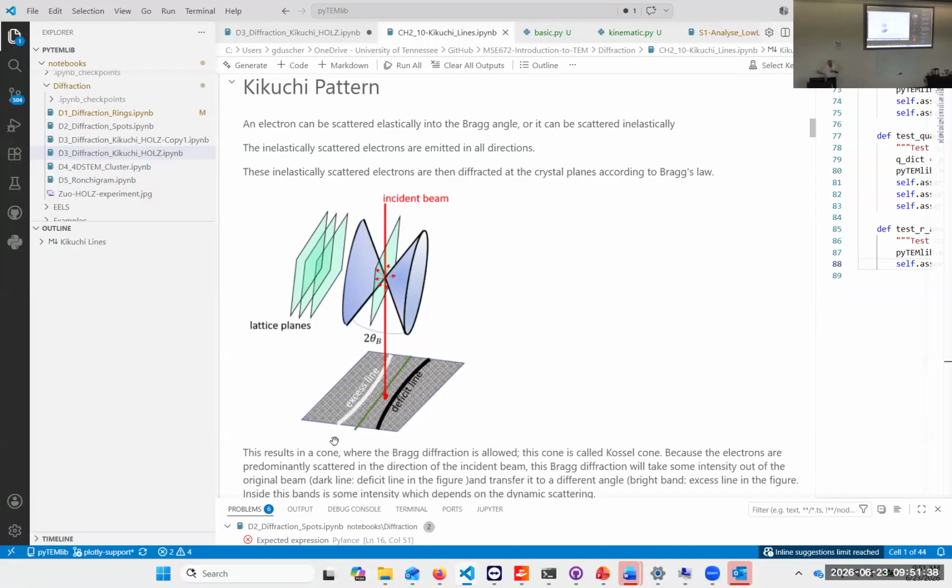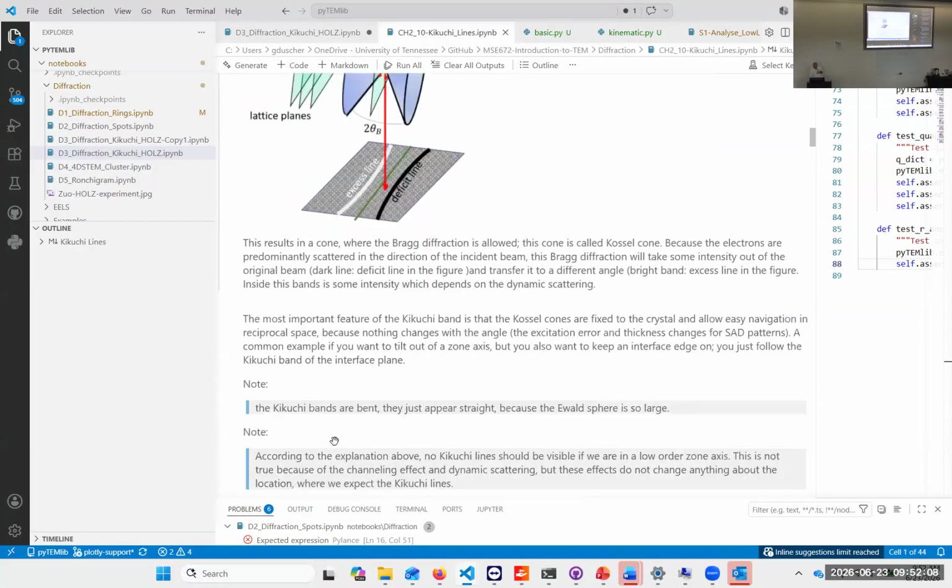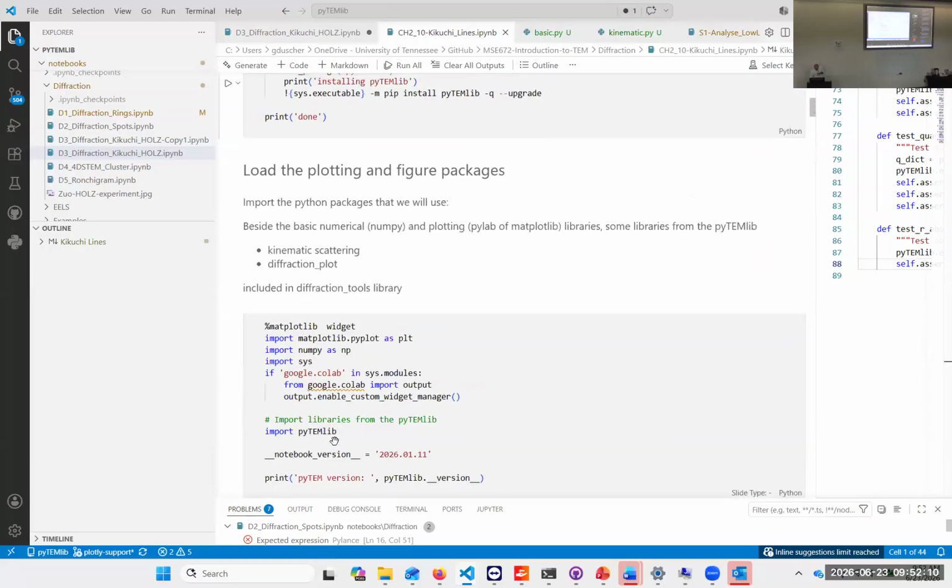In this case, we do it the other way around, right? So the electrons that hit the plane that should contribute to the gray background don't get there, but they go to the Bragg reflection. And this distance is exactly 2 times the Bragg angle. And that is just twice half of what your G vector should be in reciprocal space. So they are in between them. And so we do that here.